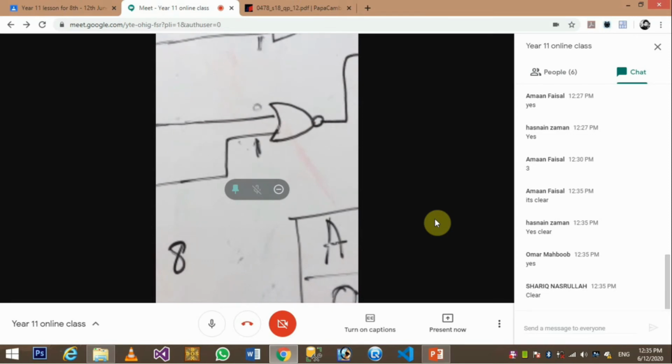Now we have made the logic circuit with the truth table too. Now I'm going to quickly write the logic statement, on which we are going to make the logic circuit. Okay, so I'm just going to erase it.